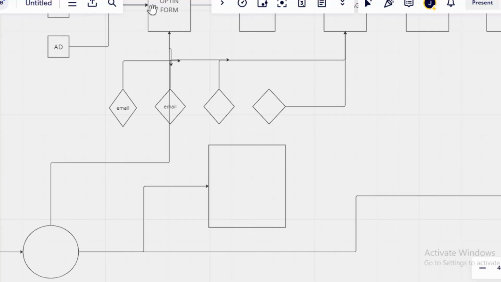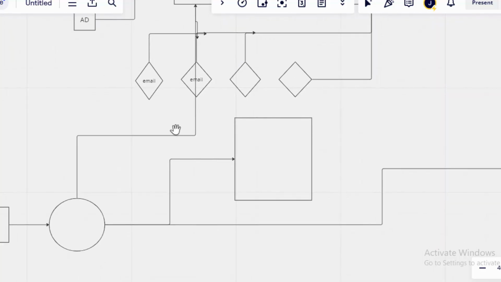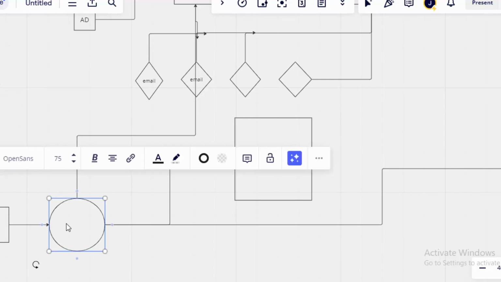Now, not everyone who lands on this page, this opt-in form, will go through it. That is a fact. Not everyone will go through that form that is right there. And we put these people into what we call an invisible audience.